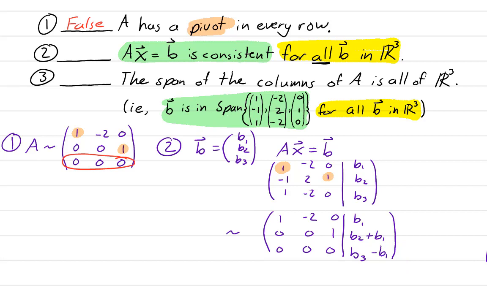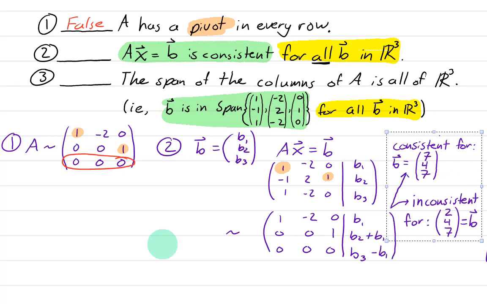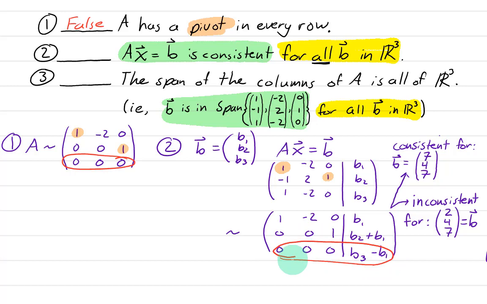Now let's see how having a row without a pivot position in A here affects this last equation. Because you end up with this being equivalent to this equation 0 = b3 minus b1, this equation could be consistent or it might be inconsistent. It depends on what the b1 and b3 entries are. So for example, if the b vector is 7, 4, 7, then b3 minus b1 is just going to be 0, and this last equation here is just going to be 0 = 0.